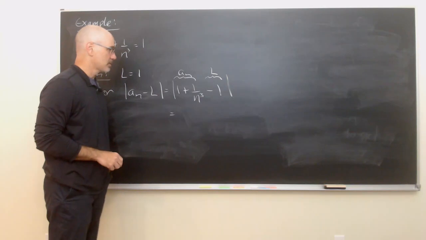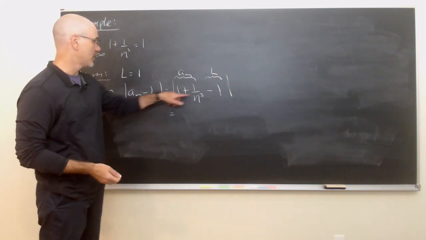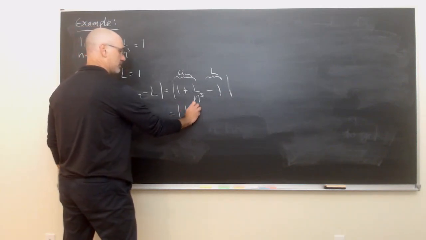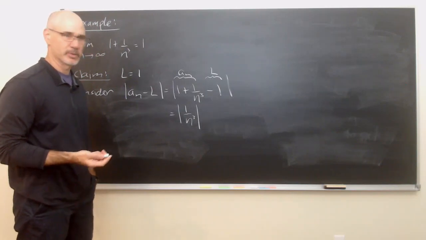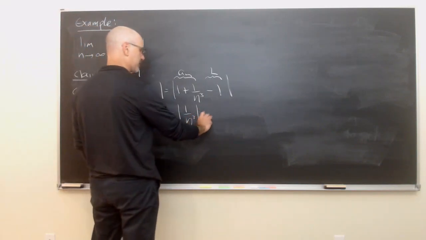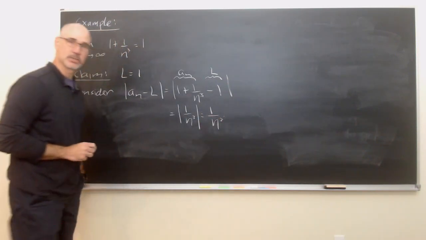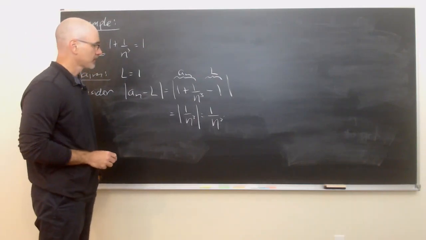Now frequently, once you have this set up, you've got some algebra to do. There's not a lot to do here. The 1's do cancel. And so I get 1 over n cubed. That's inside absolute values, but because n is a natural number, I am not going to get any negative values. So I can just dispense with the absolute values and write 1 over n cubed.